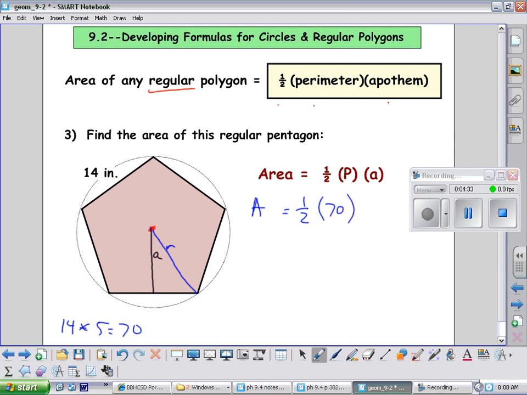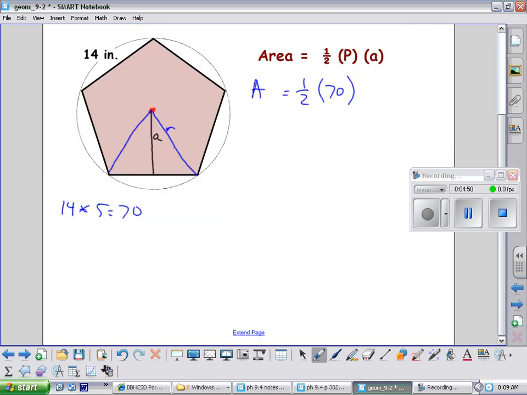Now I need to find the distance of that apothem. So now I've got to get to work, and I've got to know some geometry to be able to do this. First of all, if you think of a circle, there are 360 degrees in a circle.